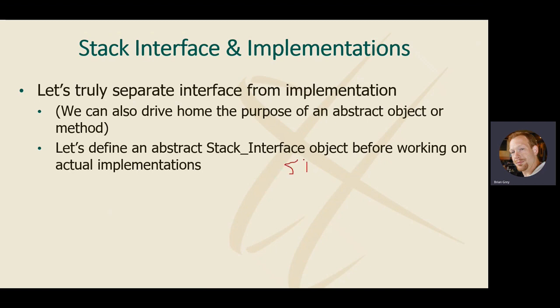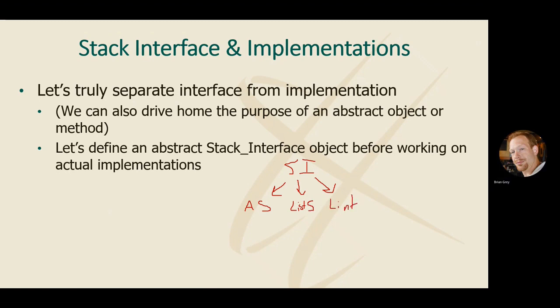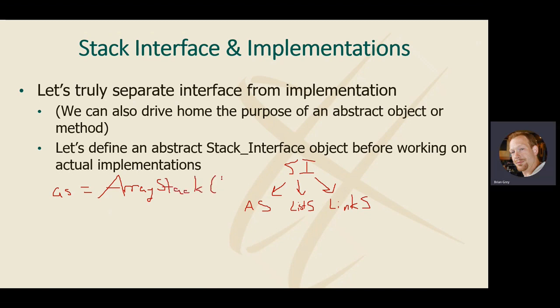We've got our stack interface, and we're going to define 3 kinds of objects. We're going to define an array stack, a list stack, and a linked stack, right? So let's suppose we say AS equals array stack, and then we immediately call AS dot is empty.